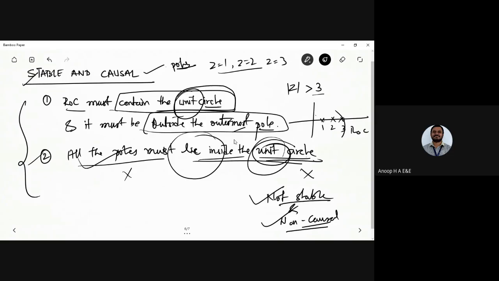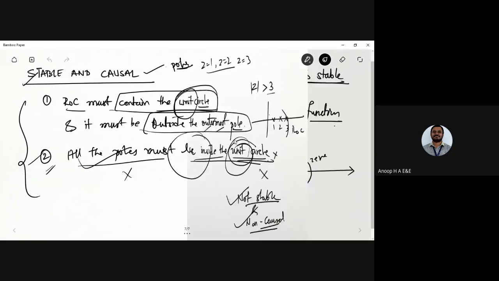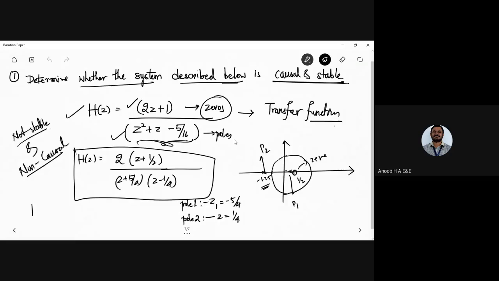To an extent it is satisfying the outermost pole condition. But from the second statement you can clearly conclude that all the poles must lie inside the unit circle, which is not possible, since one of the poles lies outside the unit circle. That's the reason, and you have to specify it: the pole z1 equals minus 5/4 is lying outside the unit circle.